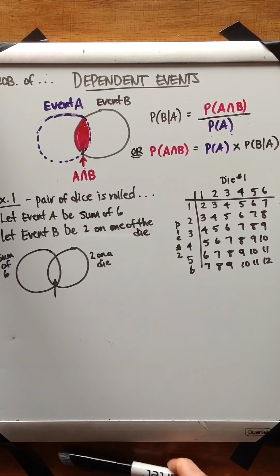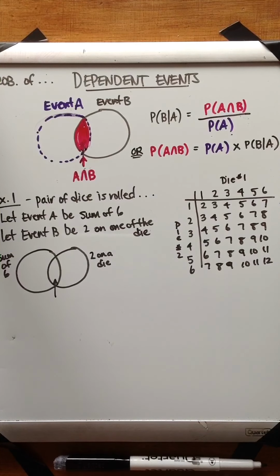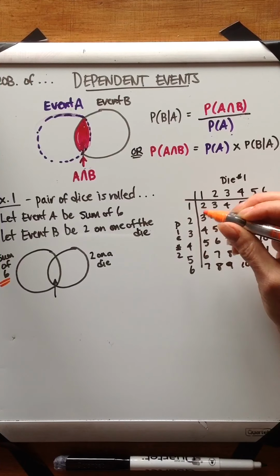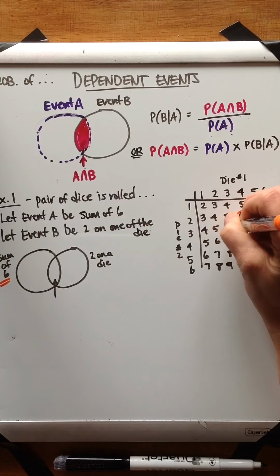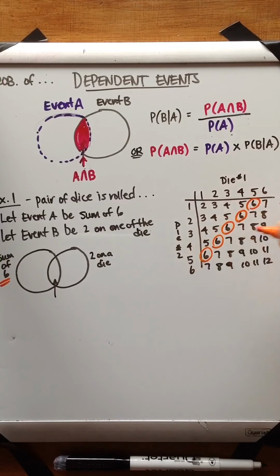So what I'm going to do is color code these so that we can see each scenario. So a sum of 6 would be anything that is to the top left corner of this, that would be this diagonal value right here. So I'm just going to do them as circles like this. Okay, there's our sum of 6.